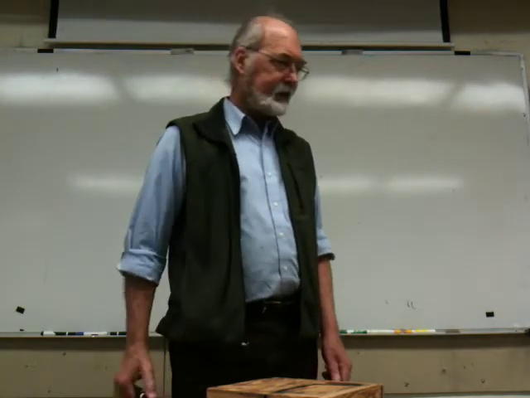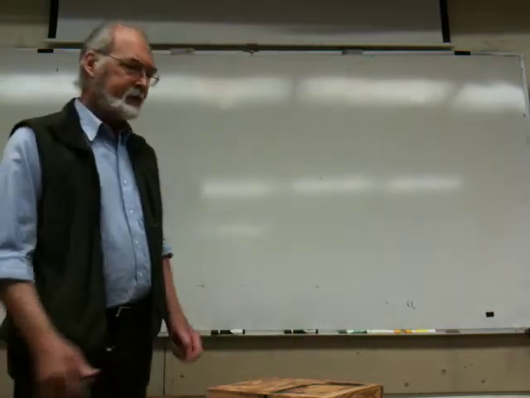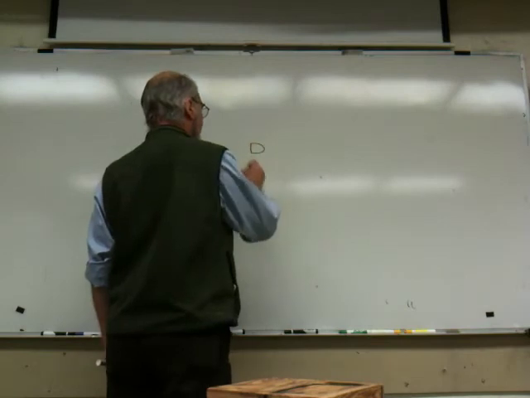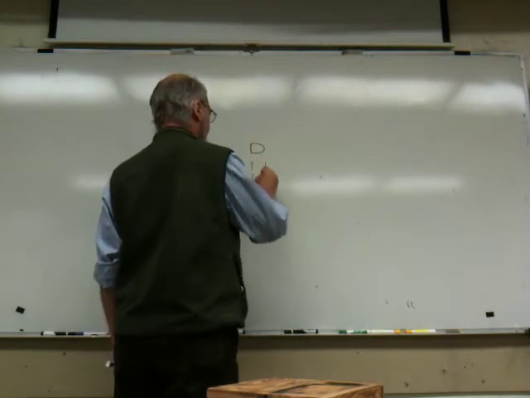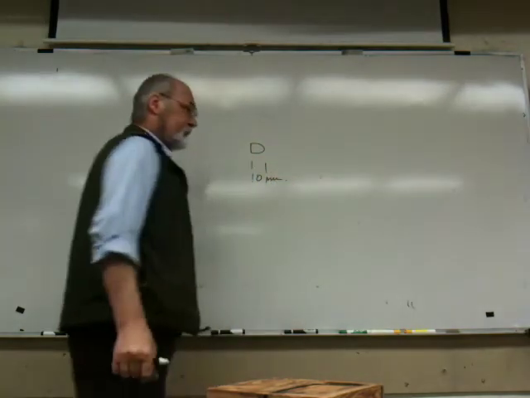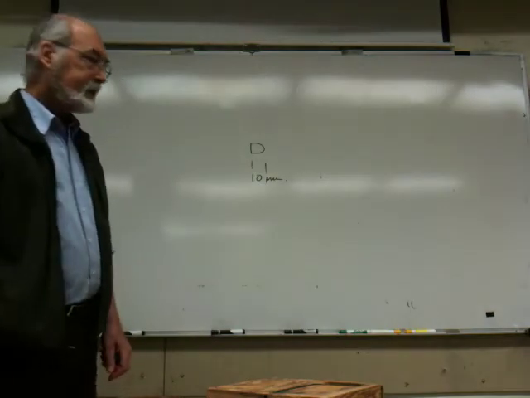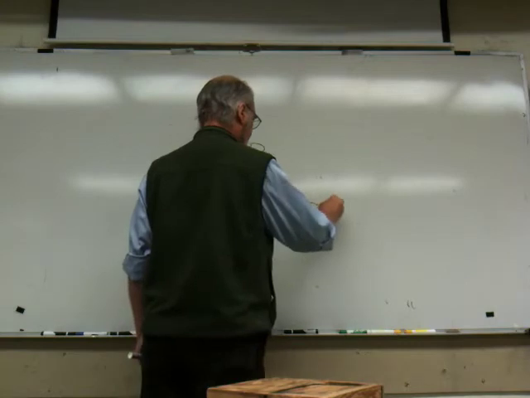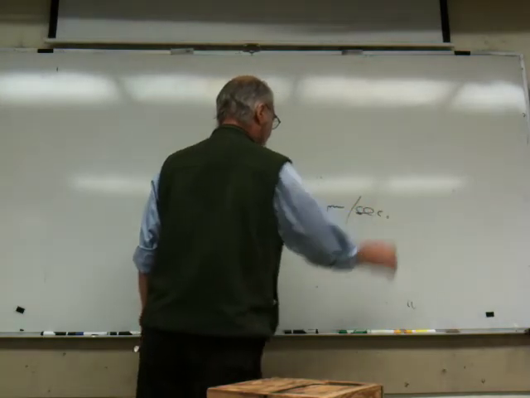There's one other aspect to this particular problem, and that is that we have a bullet here, which is about 10 millimeters long. And it's moving at 300,000 millimeters per second.